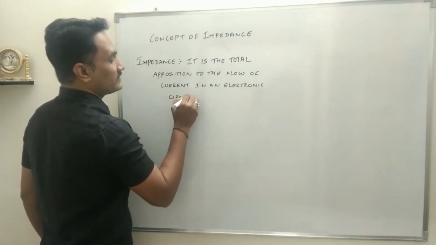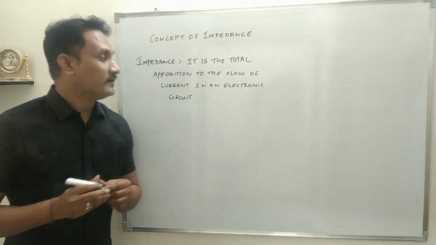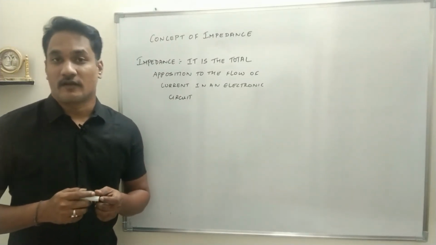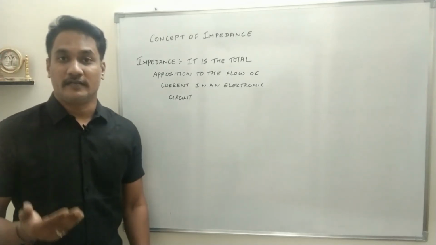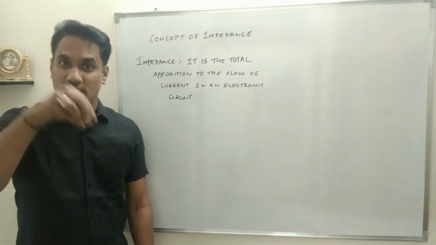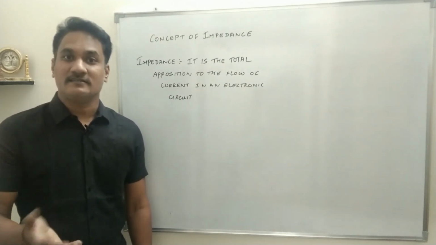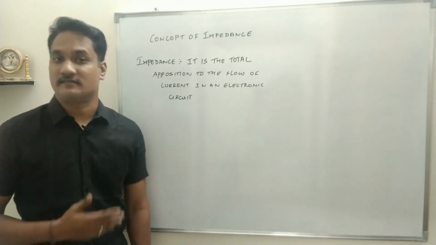So what is impedance? Impedance is the total opposition to the flow of current in an electronic circuit. And I have explained you, and this total opposition is because of the component which is used to design that electronic circuit, such as resistor, capacitor, inductor, transformer, switches, diodes, transistor, etc.